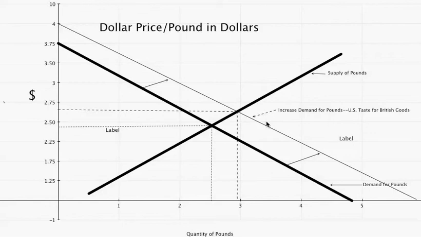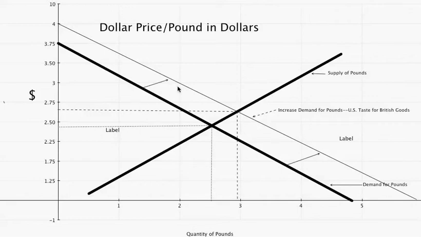Why? If we're going to acquire additional British goods, we have to take our dollars and buy pounds, i.e. sell dollars and demand pounds. Therefore, that is the reason why we have this shift to the right.